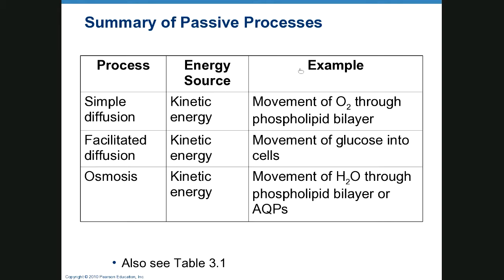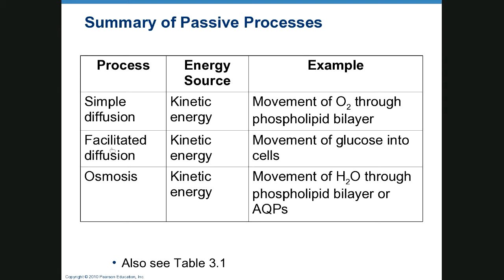Okay, this is a summary of passive processes. They all use the energy source of kinetic energy, because they're passive. They don't use energy from the cell. Simple diffusion is just movement of a substance from high concentration to low concentration. An example is movement of oxygen through the cell membrane, where you have a lot of oxygen outside it, not enough in it, such as in the blood in your lungs, and the oxygen just diffuses across the membrane.